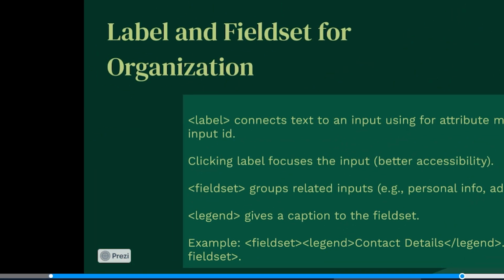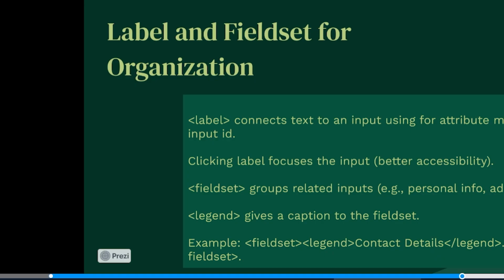Label and fieldset for organization. As the form becomes larger, keeping it organized becomes important. That's why we use labels and fieldsets. Labels help users understand the information they should enter.